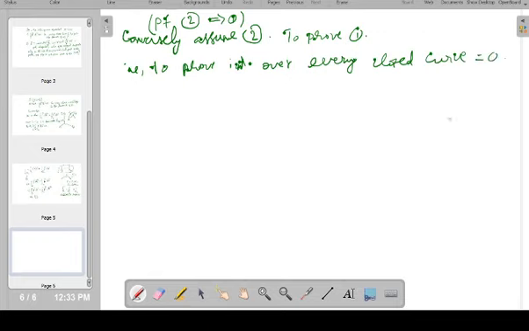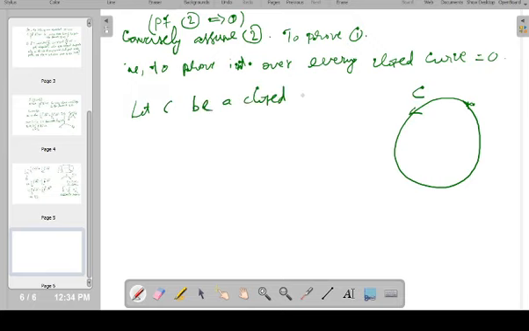So take a closed curve. Let C be a closed curve in D, which is the domain of F.